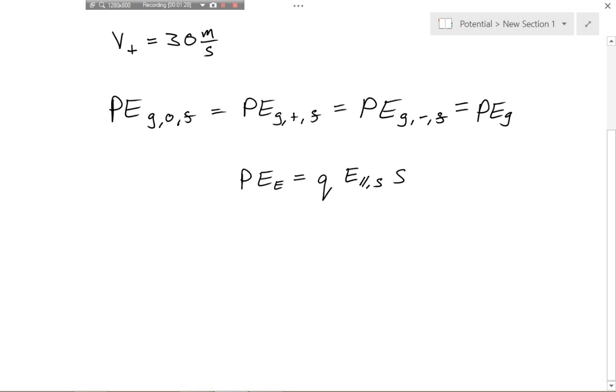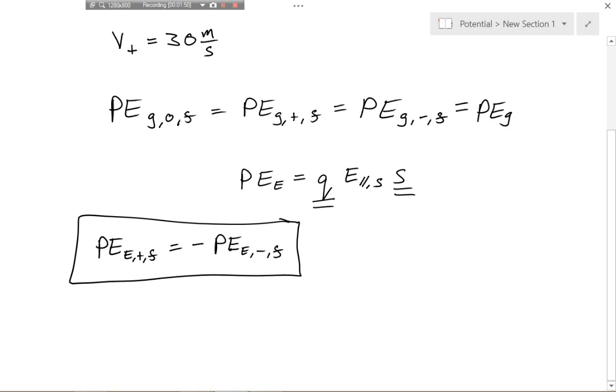Because S is the same for all the particles, and because the electric field depends on the charge of the particle, the final electrostatic potential energy of the positively charged particle is going to equal minus the final electrostatic potential energy of the negatively charged particle. So this is how these two potential energies are going to be related. Now, because the electrostatic potential energy depends on the charge, and because the neutral particle has no charge, the electrostatic potential energy of the neutral particle is always just 0 joules.